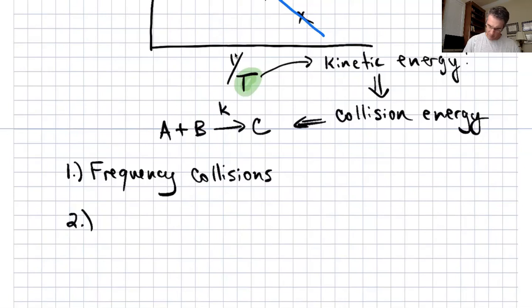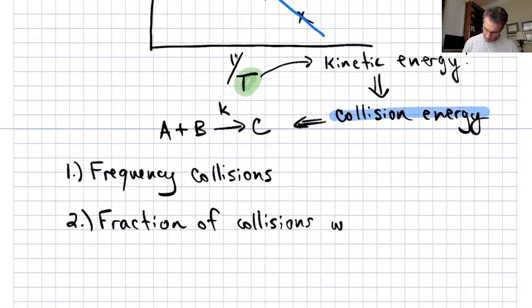And then, as we've sort of been postulating or musing over here, how much energy they've got when they whack into each other, or the fraction, right, of the collisions with enough energy is going to matter. All right, relatively simple idea. All right, so you think about that. What's going to govern the collision rate, right? I should say the frequency of collisions at a given temperature. What's going to matter?